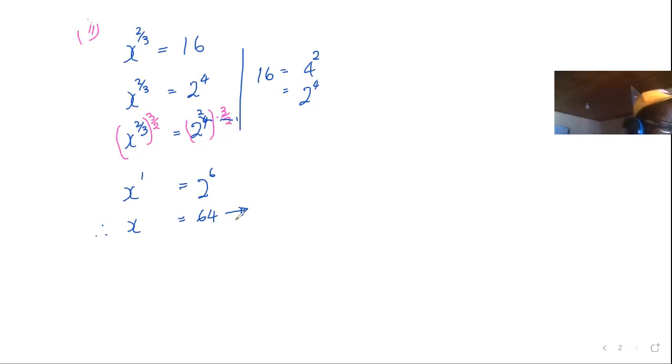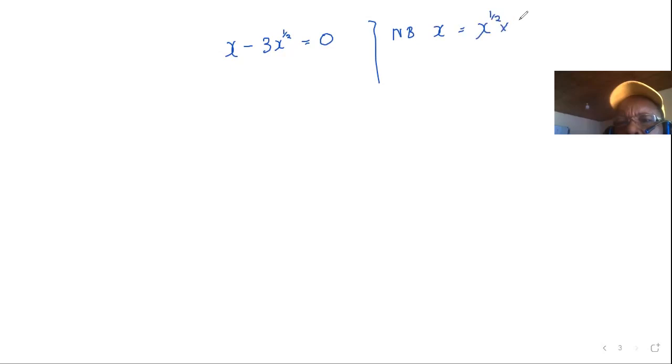Let's have a look at a quadratic one. A hidden quadratic. We have here x minus 3 x to the power of half is equal to 0. Now note that x is equal to x to the power of half multiplied by x to the power of half.